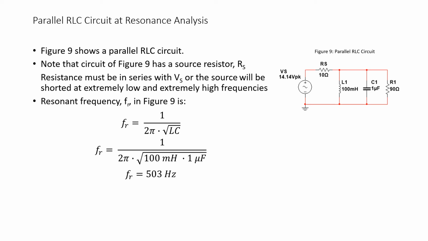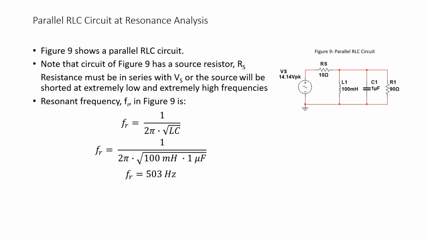This source resistor has to be included in the circuit because at extremely low frequencies the inductor is nearly 0 ohms, and at extremely high frequencies the capacitor is nearly 0 ohms. If we did not have RS in the circuit, at low and high frequencies this would put a short across the source voltage, which would demand too much current from the source.